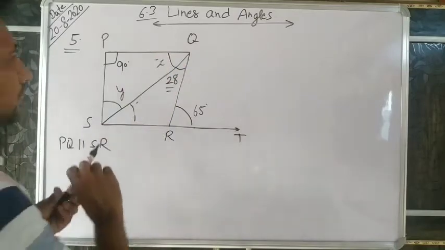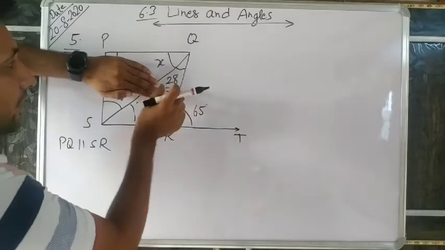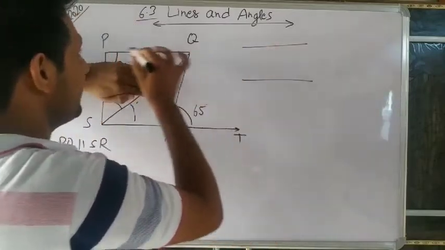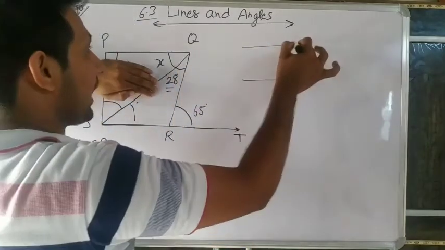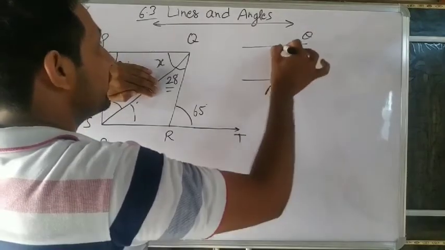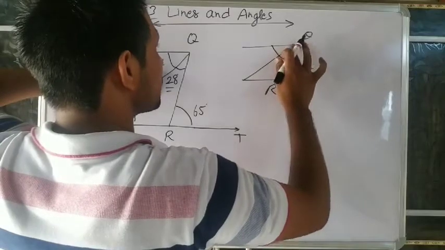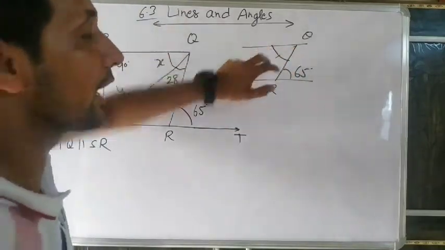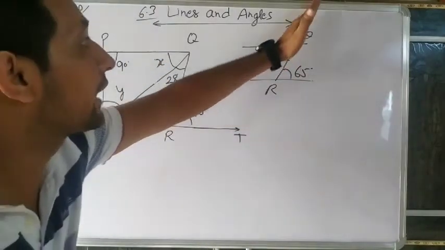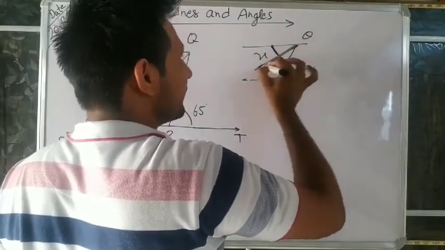One more method. Can you say that QR is a transversal line and this 28 equals this one? No, because PQ is not parallel to that line. QR is 65, and this angle is 28 plus X. So X plus 28 equals 65, because the alternate interior angle is this one, not that one, because it is not a parallel line.